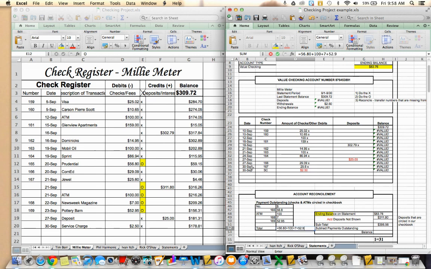For those of you who know Excel, I know I could be doing a formula right now, but I'm typing it out so you can visually see it. So I did 56.80 plus 100 plus 7 plus 52.95, and the total is 216.75. So it even shows me an arrow. I don't have to memorize this, and it shows me to subtract payments outstanding.